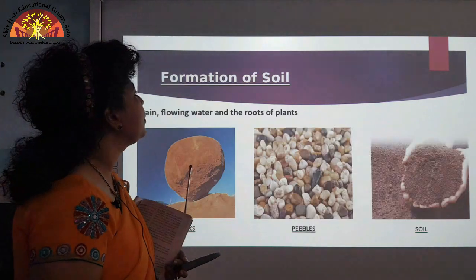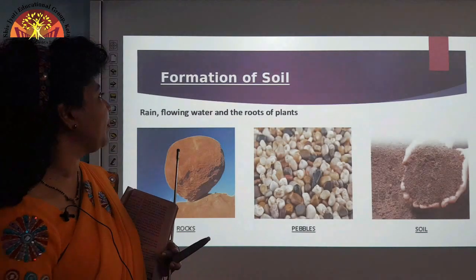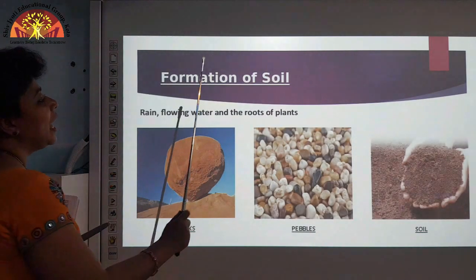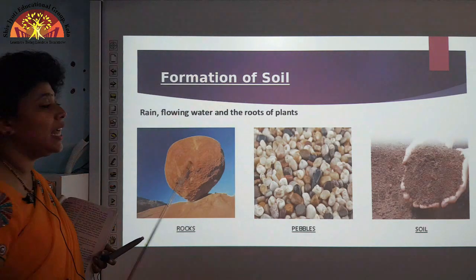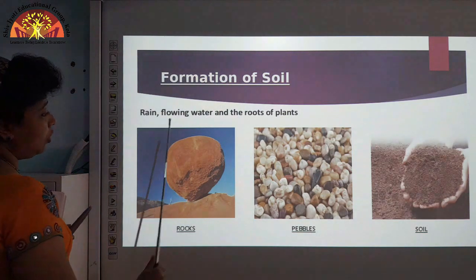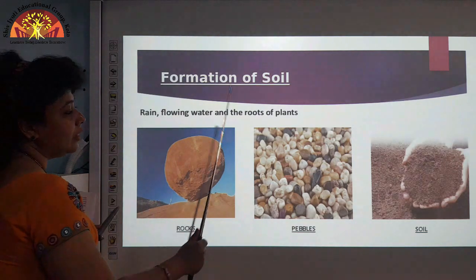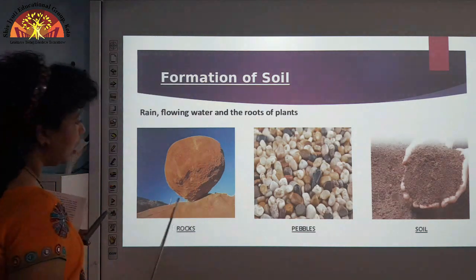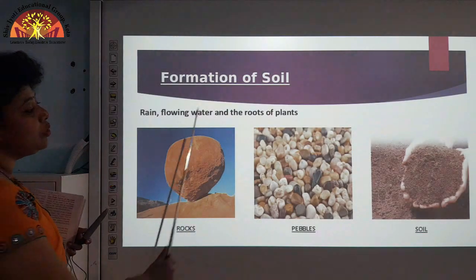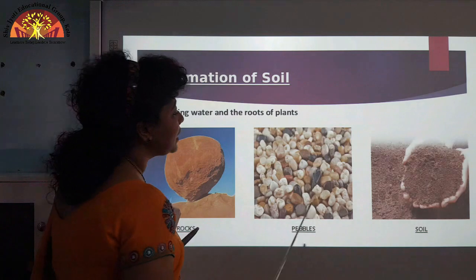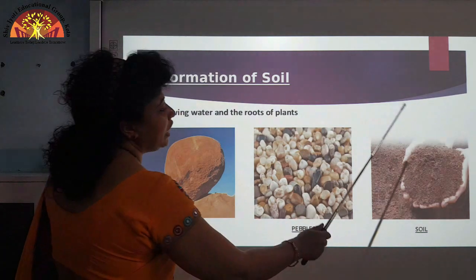Now, we shall proceed to formation of soil. As you can see, rain, flowing water and the roots of plants break down big rocks into medium sized pebbles, and these medium sized pebbles are further broken down into soil.